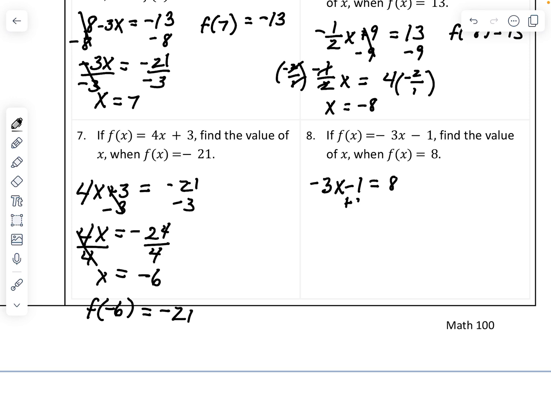So do your inverse operations. So when your x value is negative 3, f of negative 3 is going to equal 8.